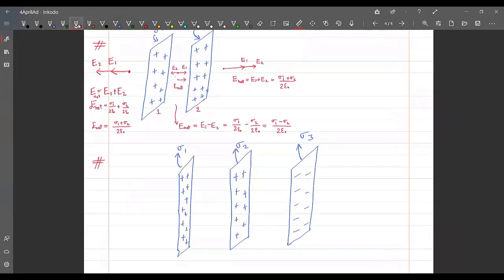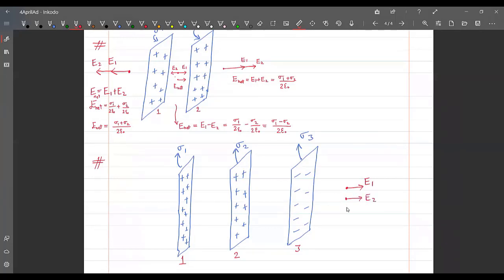So suppose you want to find electric field, let us say in this region. And this is your first sheet, second sheet, third sheet. So the first sheet will give electric field away, E1 will be in this direction. The second sheet will give electric field again away, so E2 will be in this direction.